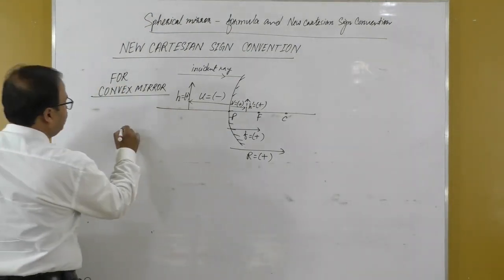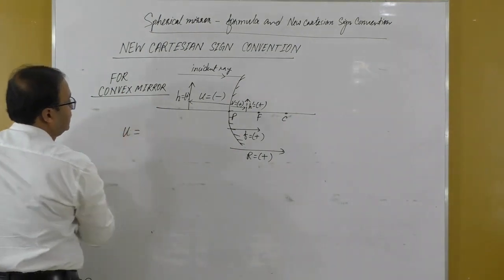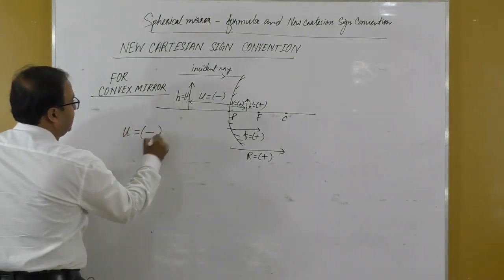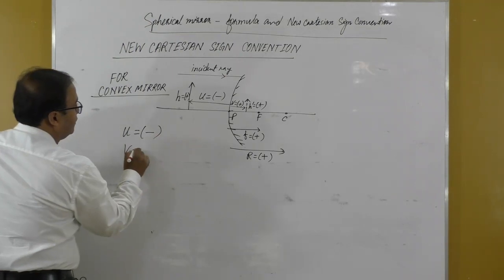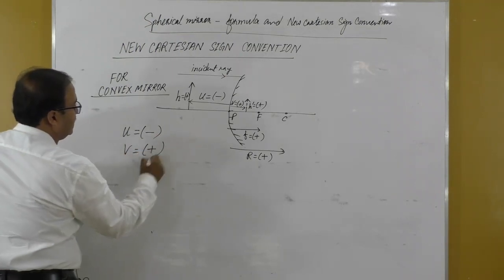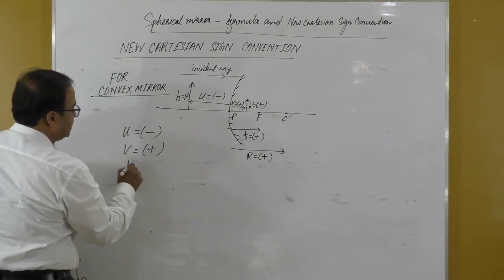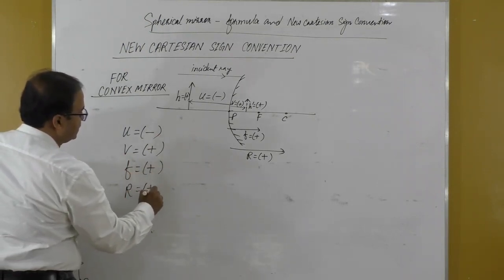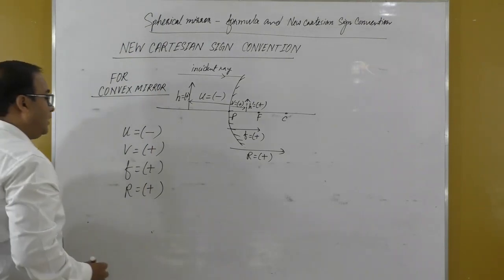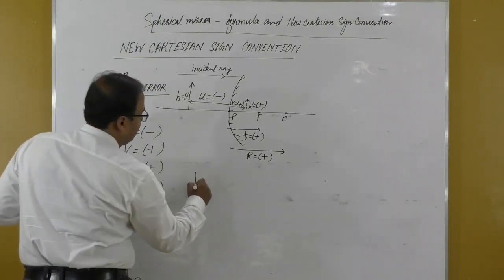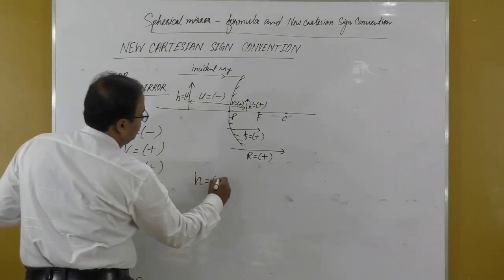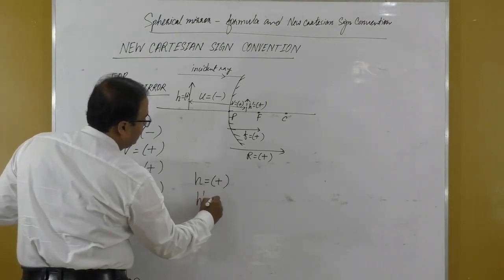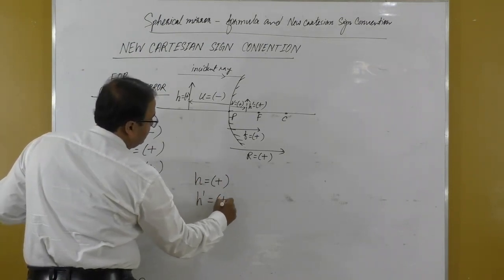So for convex mirror, what should U be? U is always negative. What should V be? V is always positive. F is always positive. R is always positive. If asked what to take for height of the object here, it is always positive. Height of the image is always positive. Why?